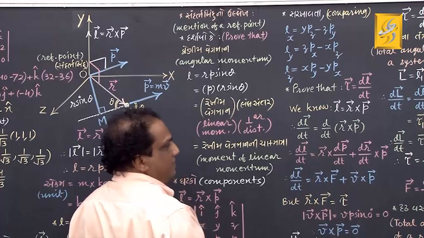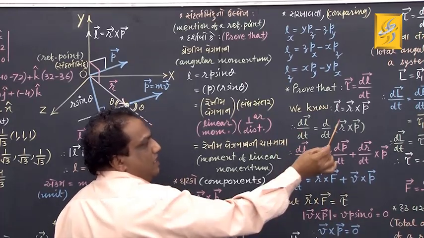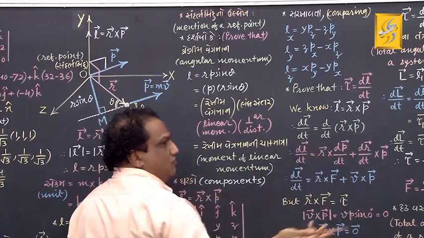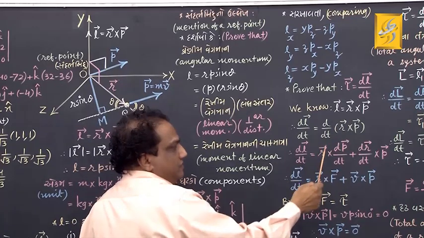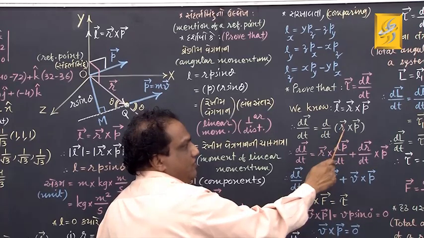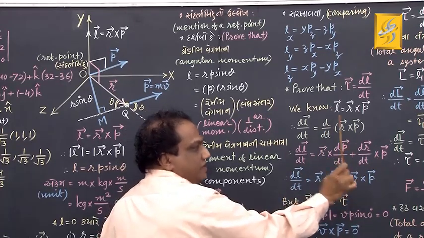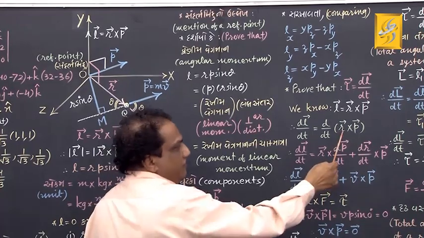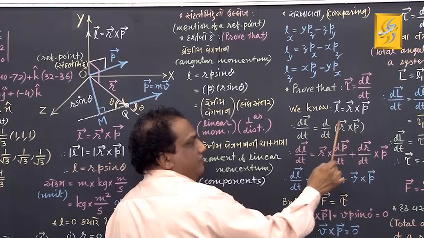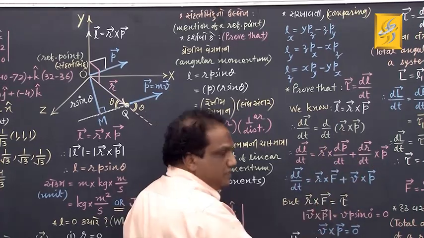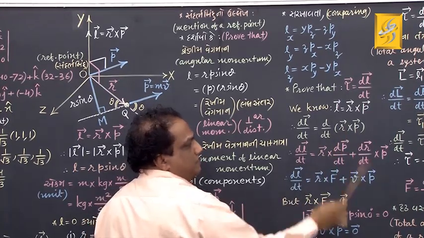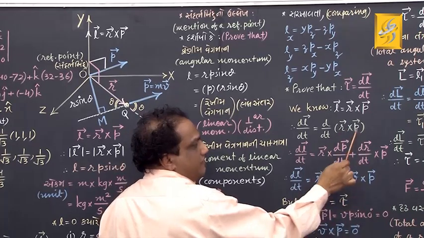Last time I told you the rule for taking the derivative of a vector product: first vector cross derivative of second vector plus derivative of first vector cross second vector. So here it is vector r cross vector dp by dt plus vector dr by dt cross vector p.